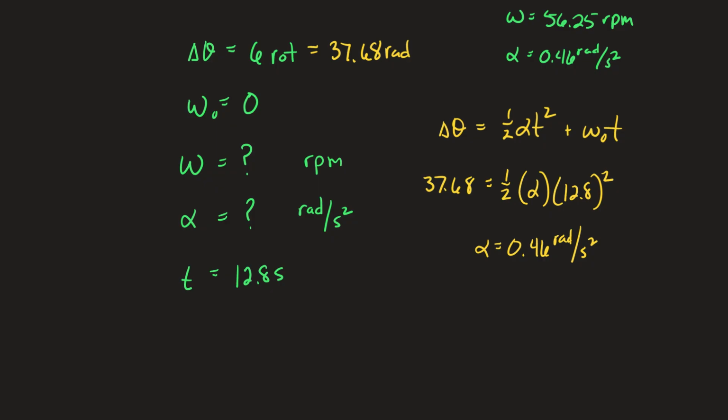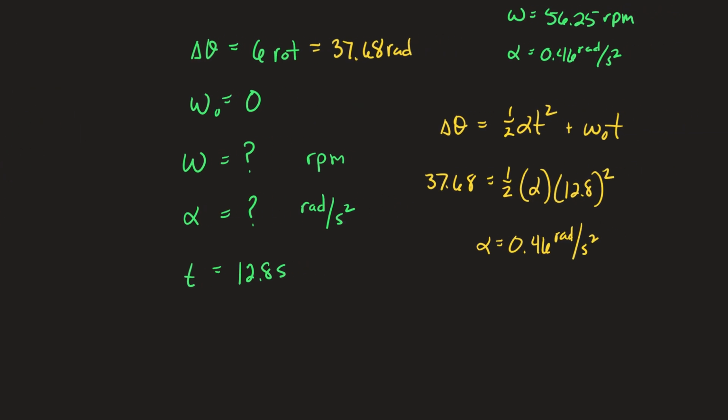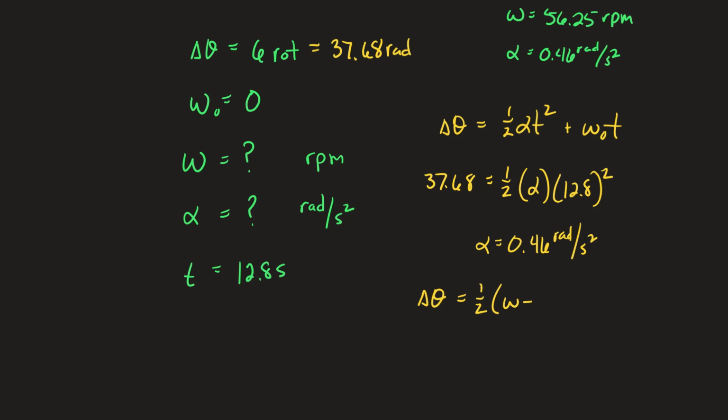Well, I'm going to leave this in rotations and do the next one to find out the speed in rotations per minute. So I can leave it in rotations. The problem is my time is in seconds. So whatever answer I get, I'll have to convert to minutes. But I can use a relationship that I already have. I can use, let's say, delta theta equals 1/2 omega plus omega naught times t. That one works best for me. That'll be 6 equals 1/2 omega plus 0 times 12.8.